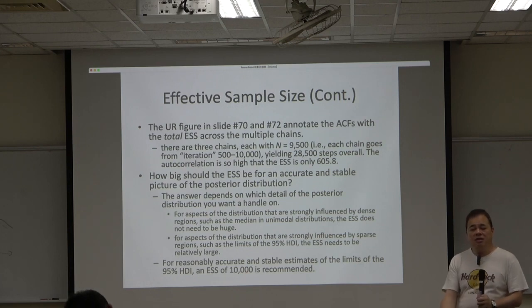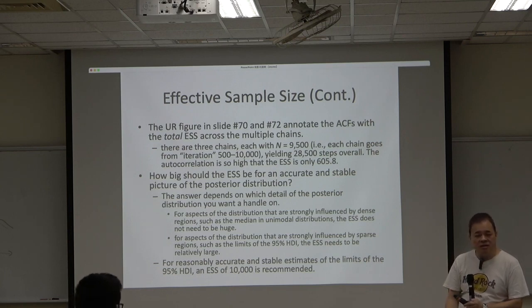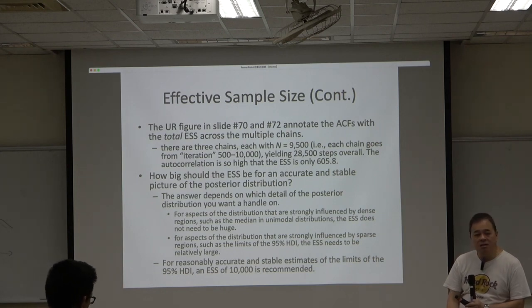And as I said, you want the higher ESS, right? So how do you increase the ESS? The easiest way is to just increase the N. If 2,000 is not enough, you can obviously set it to 5,000.